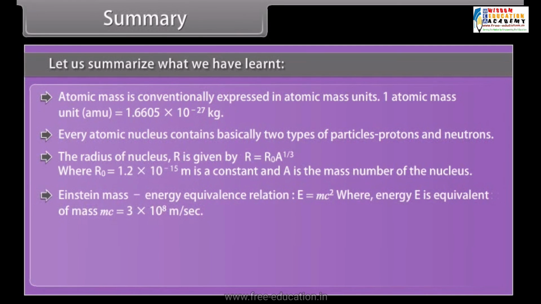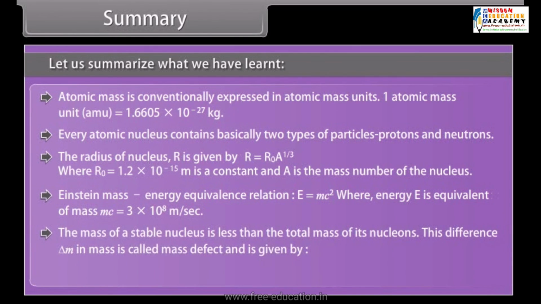Einstein mass-energy equivalence relation, E = mc², where energy E is equivalent of mass m. c is the velocity of light in vacuum, that is 3 × 10^8 meter per second. The mass of a stable nucleus is less than the total mass of its nucleons. This difference Δm in mass is called mass defect.